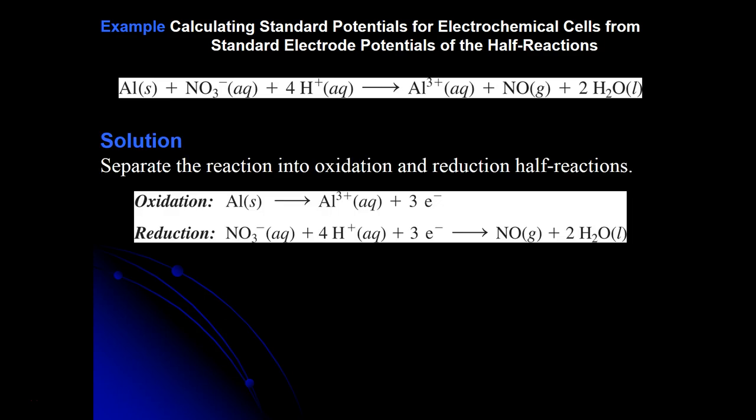Let's dig deeper. We take a look at our two half reactions. The oxidation was easy to spot because it's the solid aluminum going to aluminum 3+, and then we get out 3 electrons. Now the reduction took a little bit of investigation. But we take a look here. Remember that the oxygen is a 2 minus. You've got 3 of them.